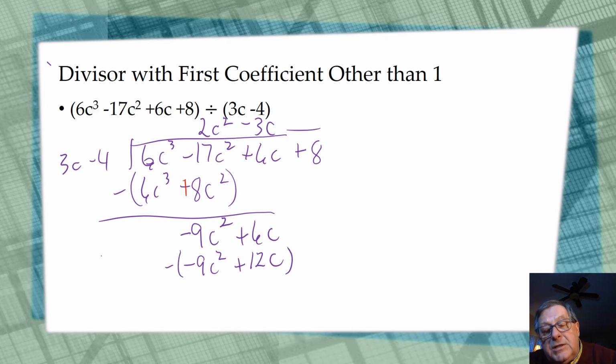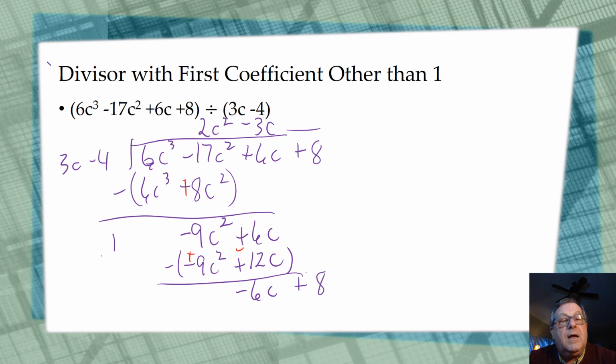That's going to change the sign here. It's going to make that a negative. It's going to make that a positive. And negative 9c squared plus 9c squared, well, that's 0. And 6c minus 12c, that's a negative 6c. And we bring down our 8.